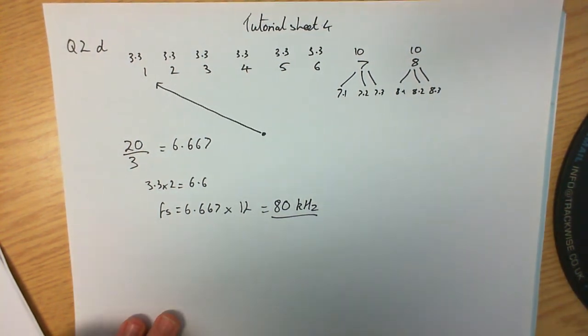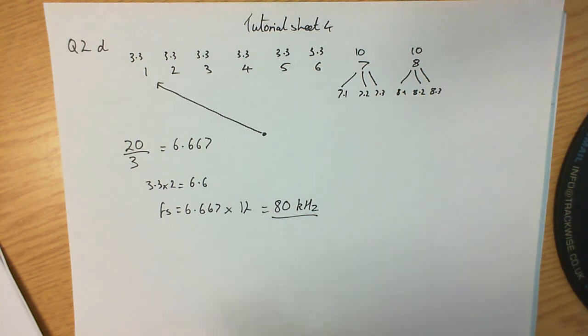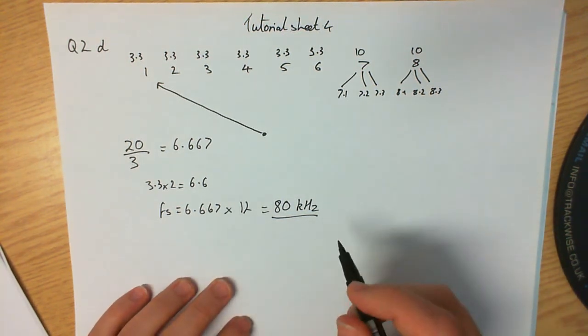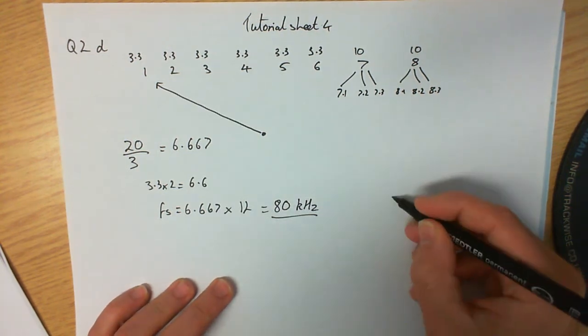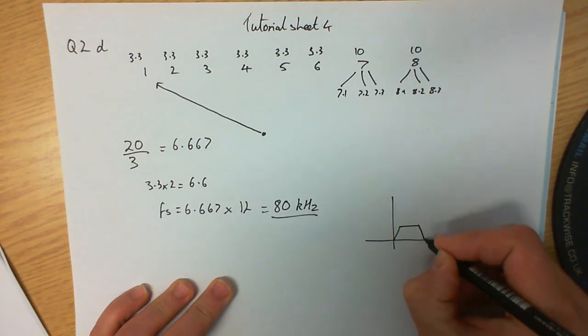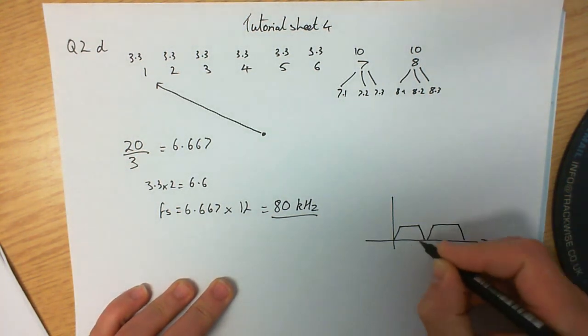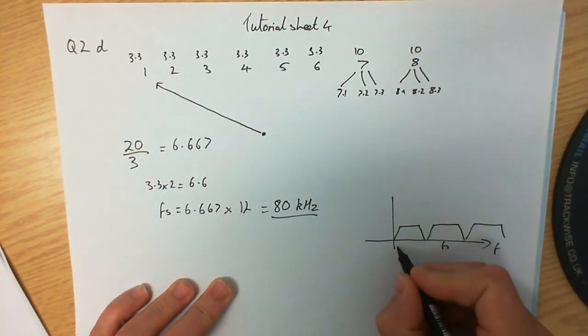And well, it says we have to repeat calculations of part A and part B. Part B is asking for what is the minimum bandwidth of the low pass filter. So in the same way, if we look at the frequency spectrum, we've got signals that will look like this, spaced at the sampling frequency apart.